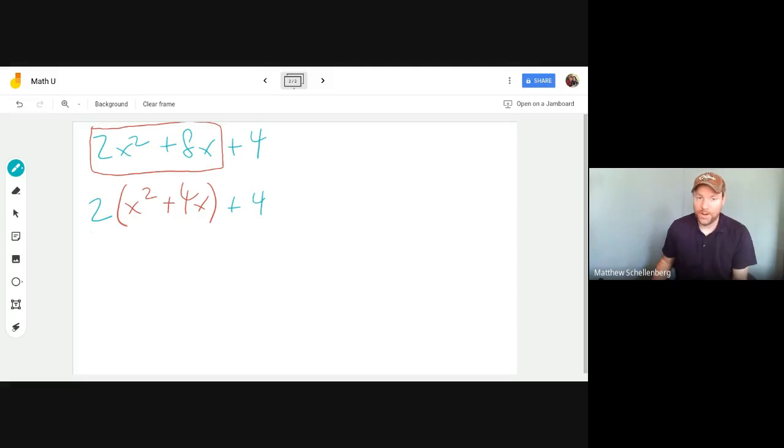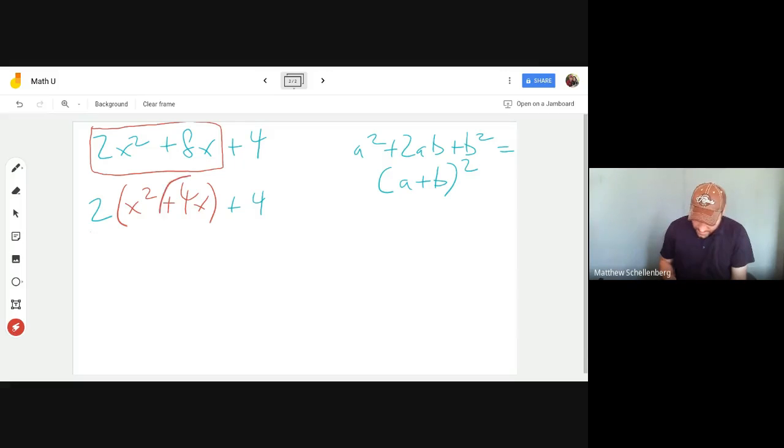Okay, but we're not done because that is not a perfect square yet in the middle. Remember, a perfect square would have to be something that is in this format, right? Because that would be a plus b squared, and I could convert that to that. And so I need something. So my 4x is like my 2ab. This thing right here is like my 2ab.